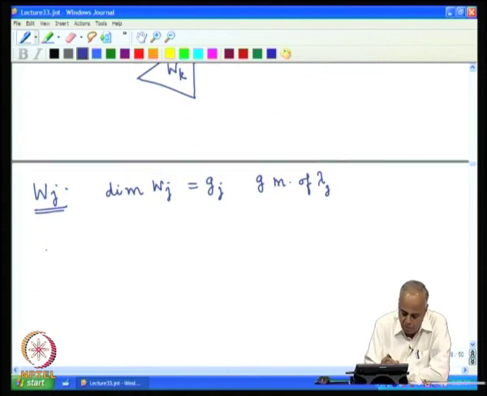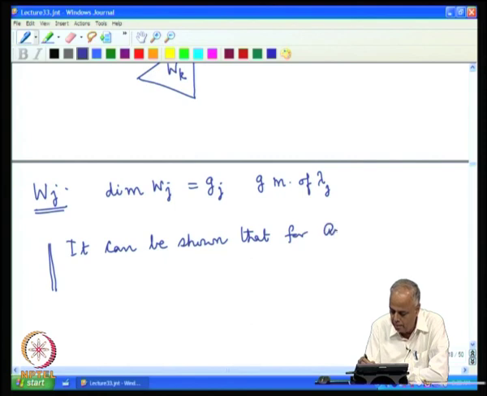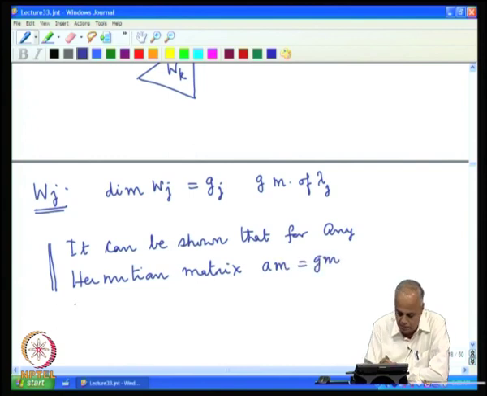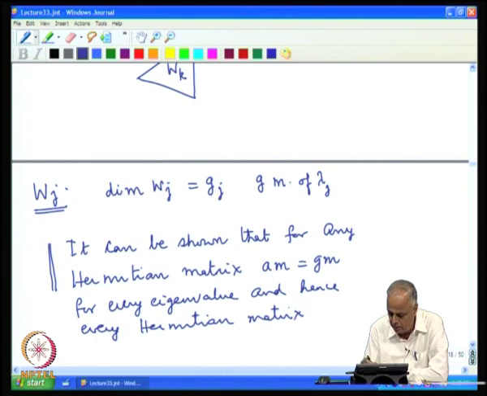Now, we shall at the moment not prove this theorem, we will simply say it can be shown that for any Hermitian matrix the algebraic multiplicity is equal to the geometric multiplicity for every eigenvalue, and hence every Hermitian matrix is diagonalizable.